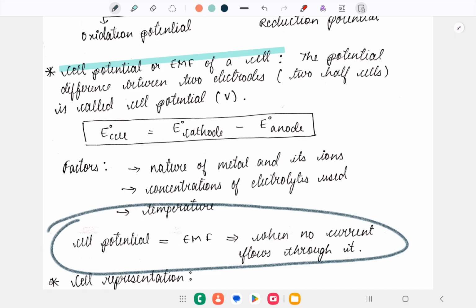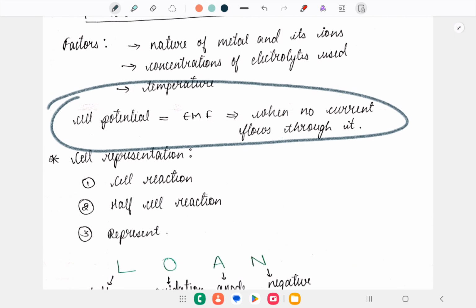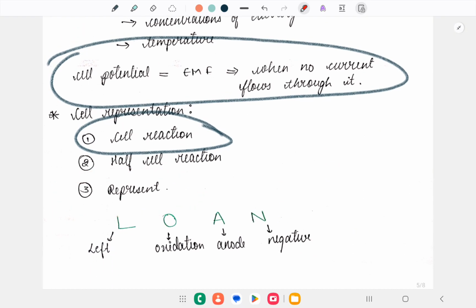Now we'll study cell representation. It has basically three steps. First, we write down the reaction which is happening, then we write down the half cell reactions. So we break this reaction into two reactions, the oxidation reaction and the reduction reaction, and then we write the cell representation. For this, how do we start?